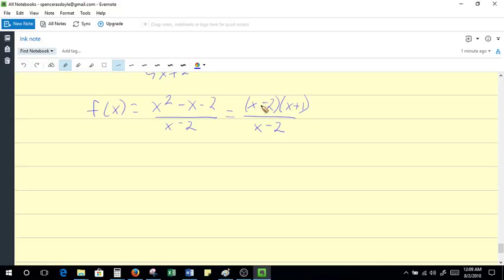So before we do anything, we can recognize that there can be a cancel. In that case, we have a hole. So x minus 2 equals 0; we added 2 to both sides. Our hole is at x equals 2.